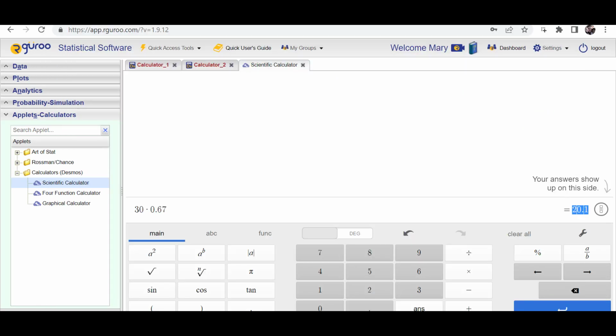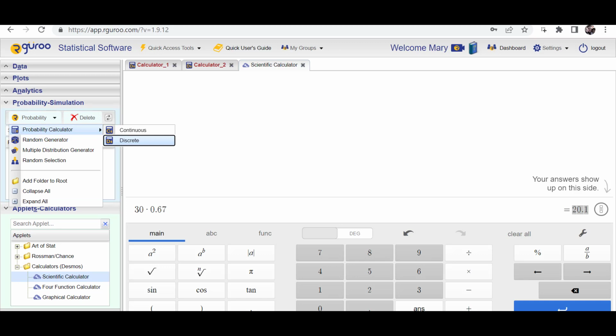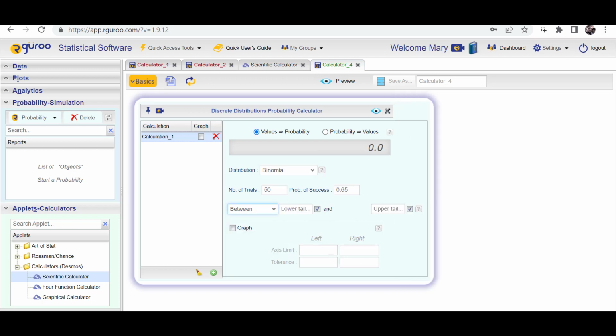Okay, so let's go back to probability simulation, choose probability calculator discrete. The number of trials was 50. Probability of success is 0.65. All right, so then we want to go between. The lower tail would be 30 and the upper tail would be 35.